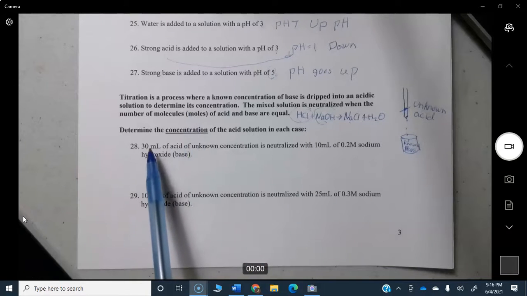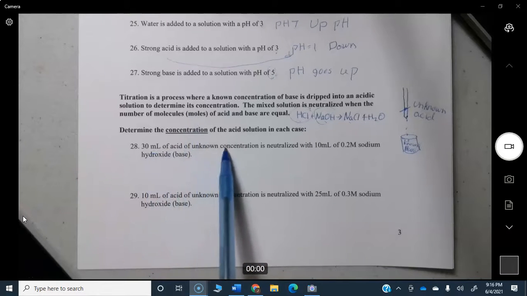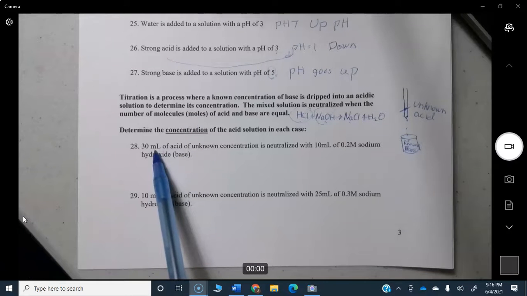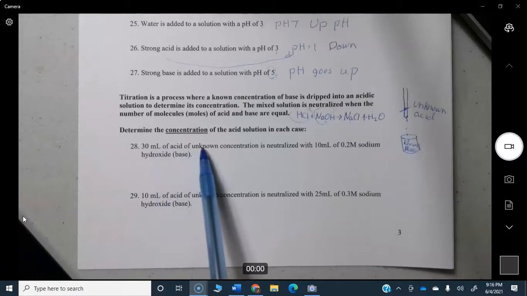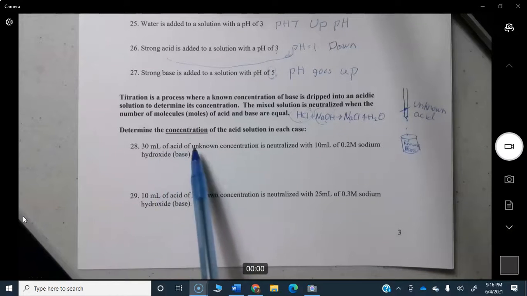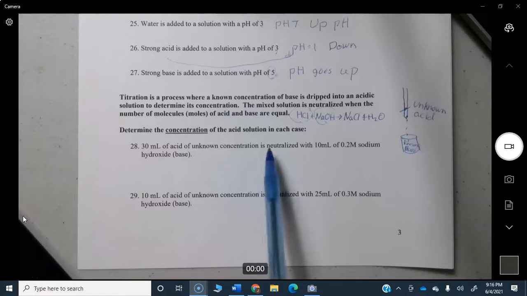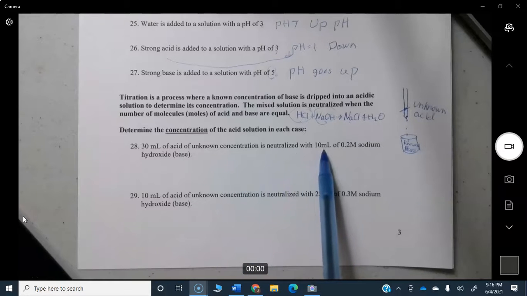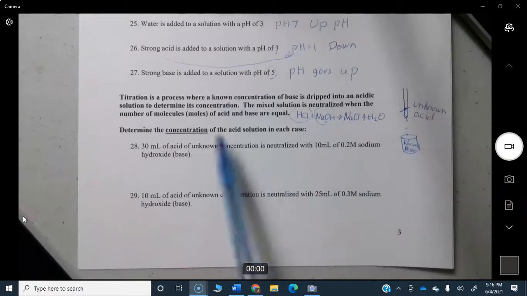So the problem says 30 milliliters of an unknown acid. So you know how much you had to put in, but you don't know how concentrated it was. So you got to figure that out. Is neutralized with 10 milliliters of 0.2 molar sodium hydroxide, which is a base.